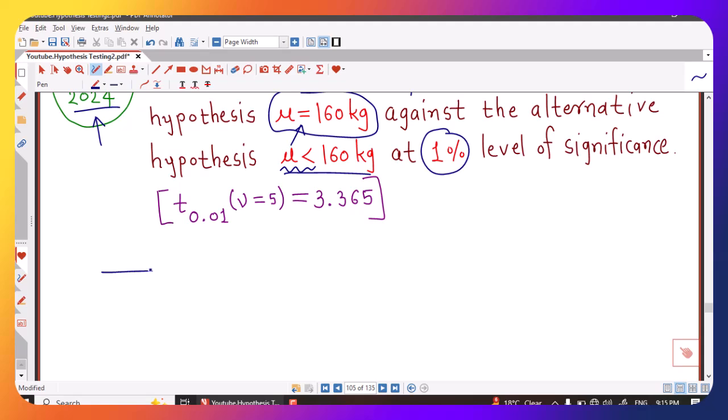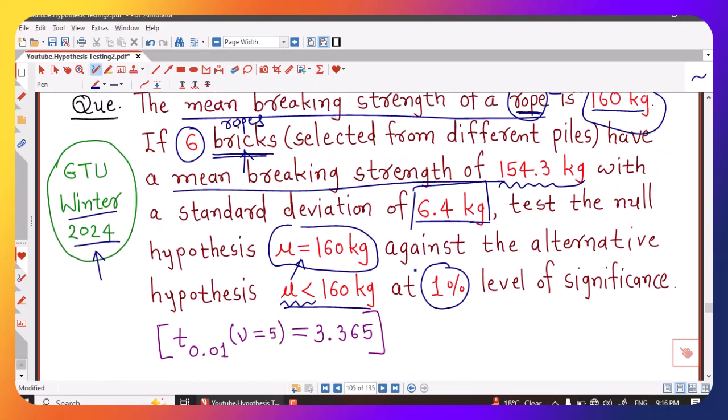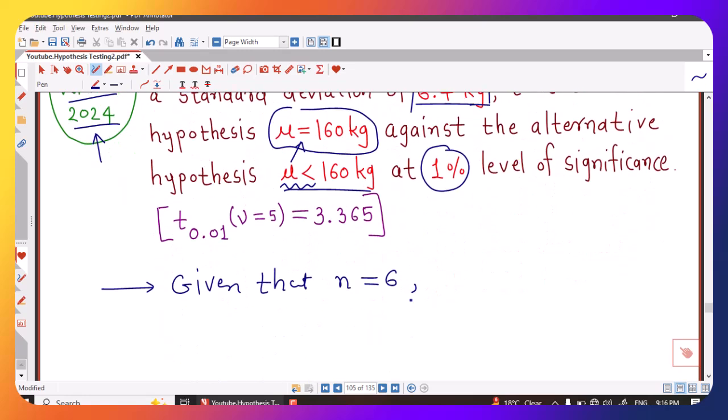So first we write what is given. It is given that a sample of 6 bricks is taken, and for this sample they find that mean breaking strength is 154.3 kg.